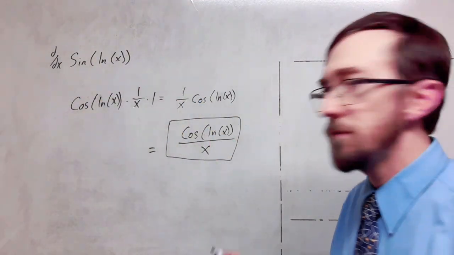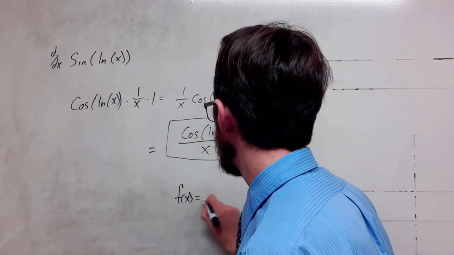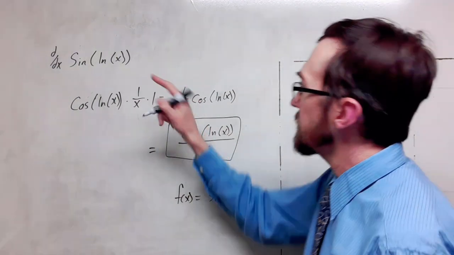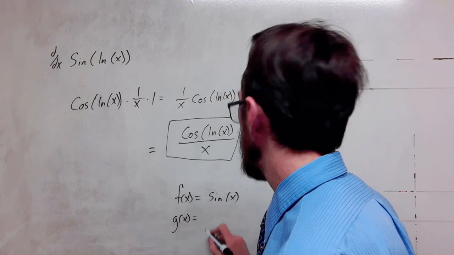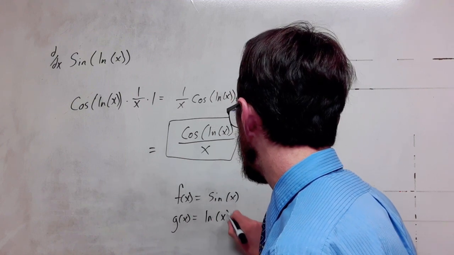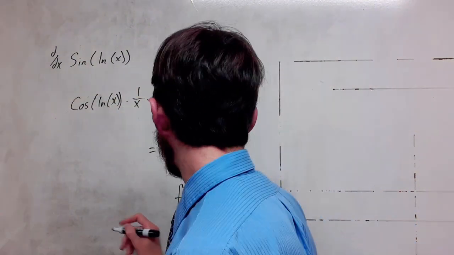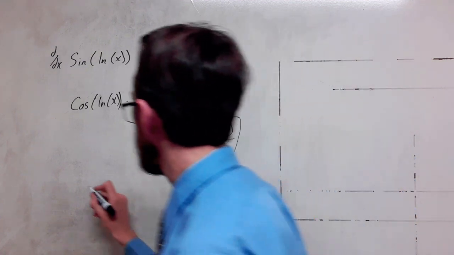Looking at the different functions that we have, our first function is sine of x. And then we place into that our second function, which is the log of x. So this here is f composed with g.